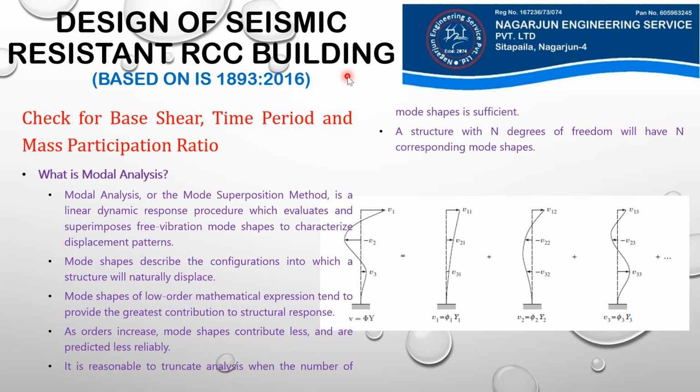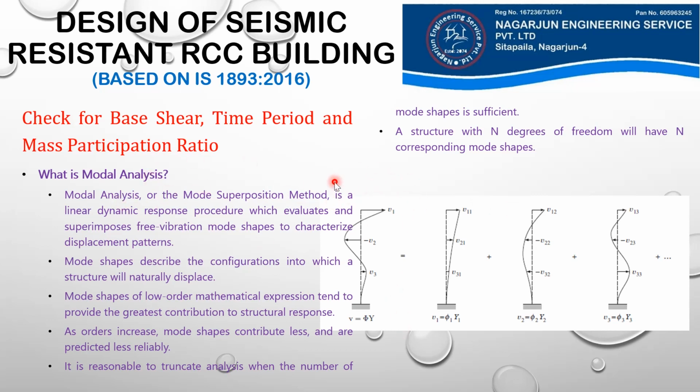Since we are defining diaphragm constraint, and we are assuming that our beams are not flexible in their axial direction, there are 3 degrees of freedom for each floor slab. 2 will be translation and 1 will be rotation. So our model, being 3 stories, has 3 into 3 equals 9 degrees of freedom. So a structure with n degrees of freedom will have n corresponding mode shapes.